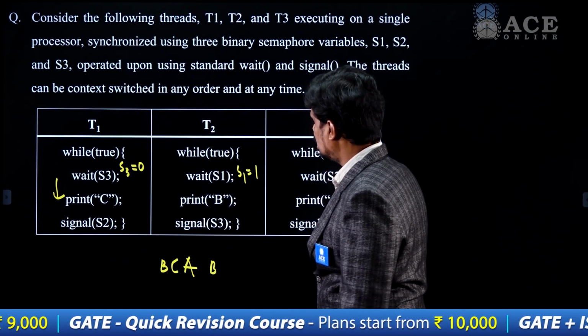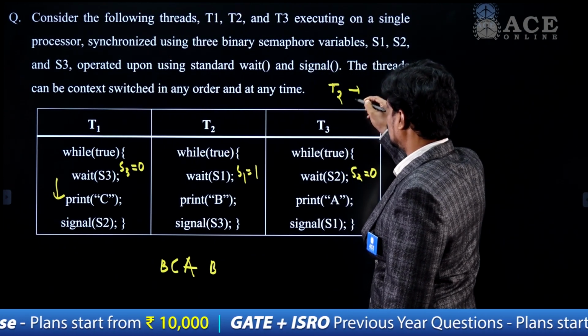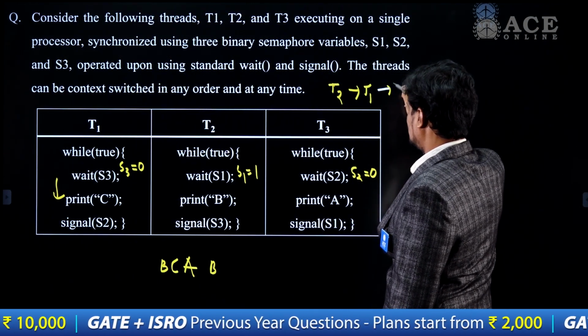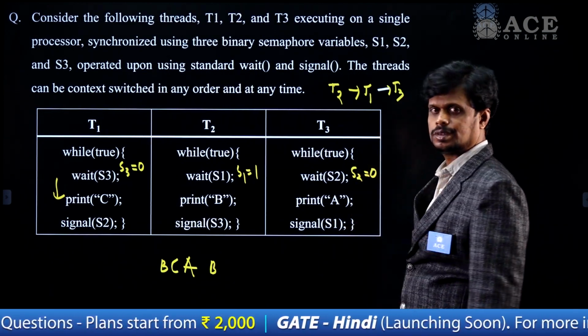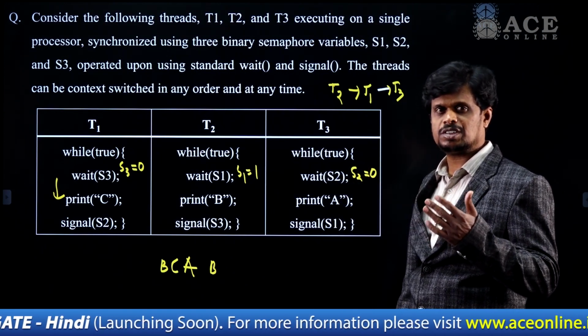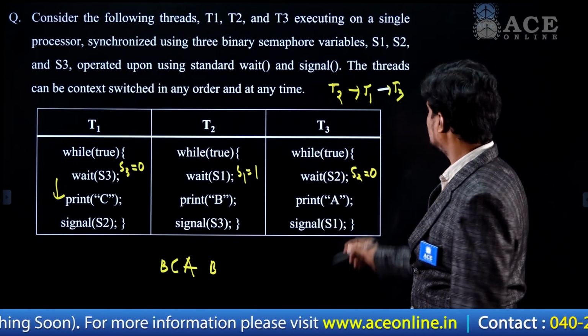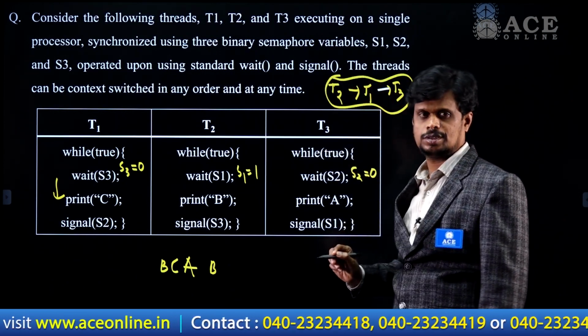So this is the way: first the execution starts with T2, then we went to T1, then we went to T3. So this is the execution order. If you want to get the output string BCA, BCA, BCA, the execution order of these three threads should be like this.